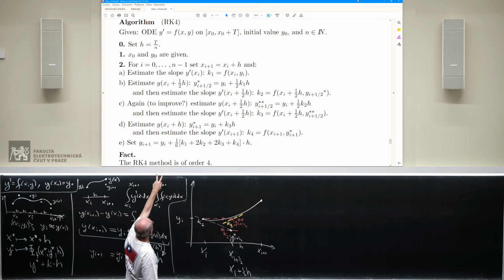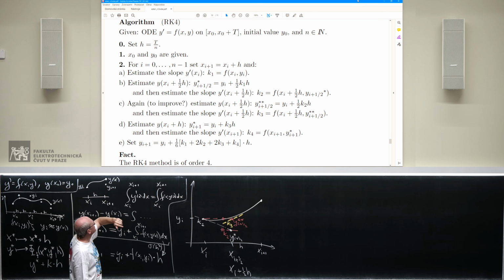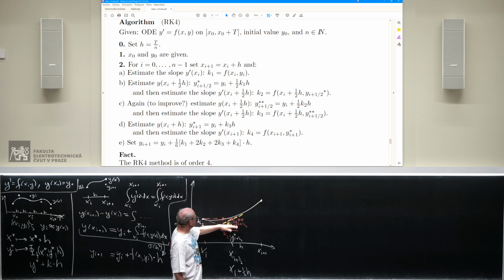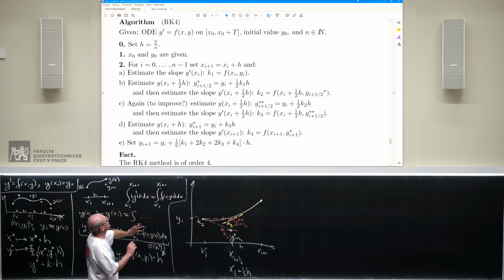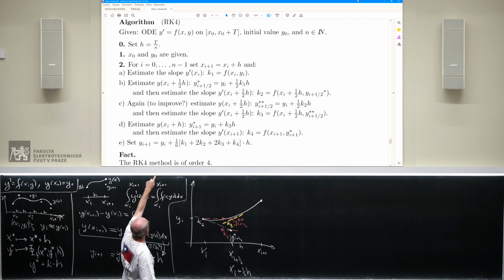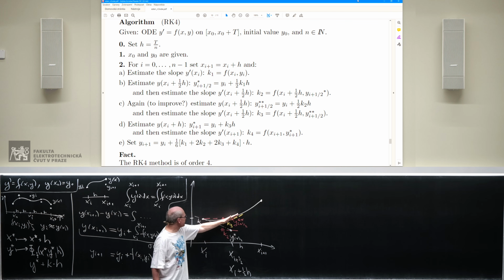And using the slope K3, we are moving in step D. We are moving the whole step. So there is an interesting thing. Notice that we never mixed the slopes yet. All the steps were made using a specific slope, not any combination, any weighted average. So we are moving using slope K3 by the full step all the way to the right. Okay, slope 3, where perhaps I was a little bit overgenerous. Well, we will see.